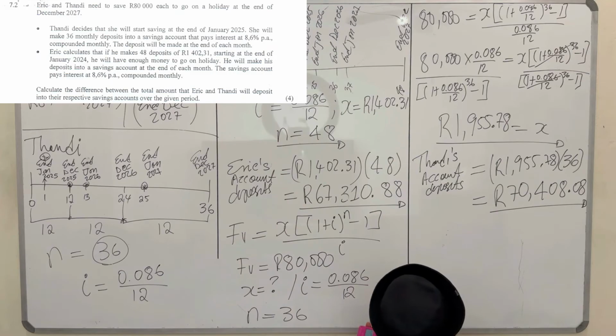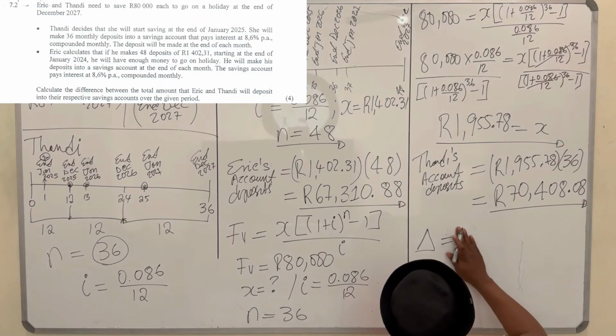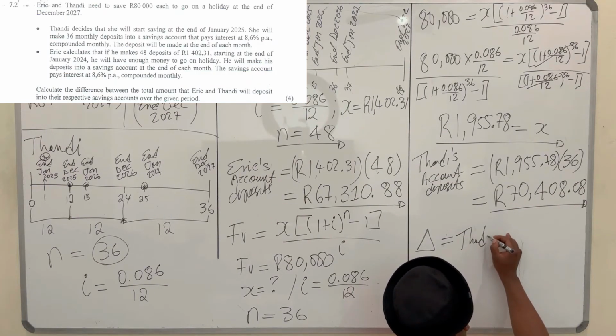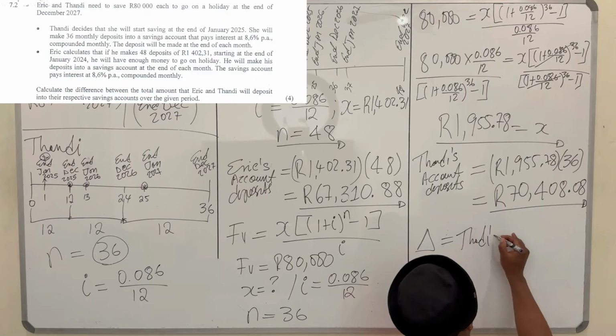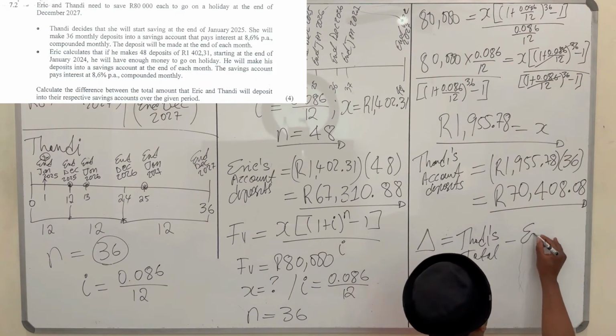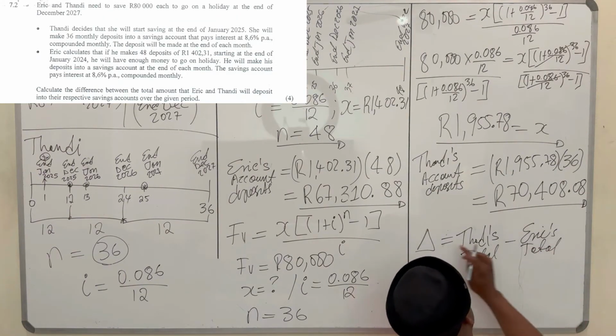So if you want to find the difference, it should be Tandy's total, the big one, minus Eric's total. Then you find the difference.